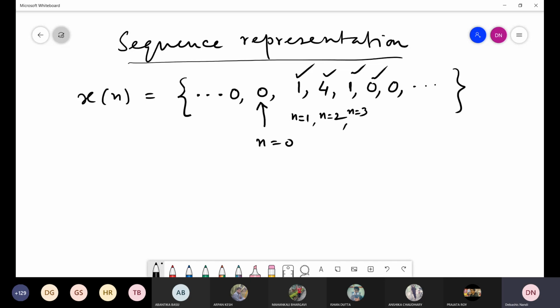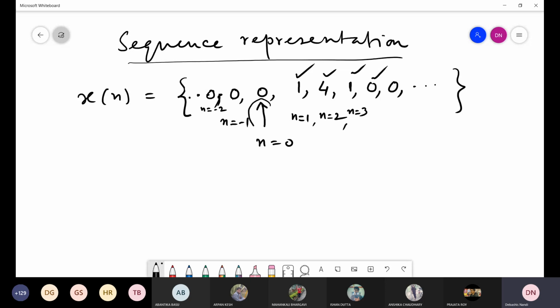Similarly, on the left hand side, this is the value of the signal for n is equal to -1. Then the next value is for n is equal to -2, and so on. On the left hand side, you will proceed in this way.